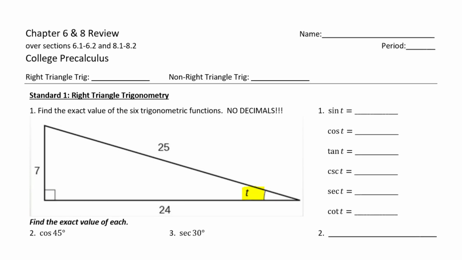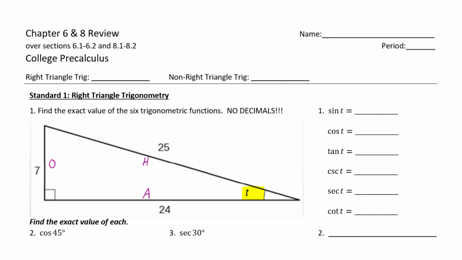So at this point, it might be beneficial to just say which was the opposite side, which was the adjacent, and which is the hypotenuse. So opposite is all the way across the shape. Adjacent would be the one next to it, and the hypotenuse is the longest, or the one across from the 90. So at this point, let's go ahead and figure out what each of those ratios are.